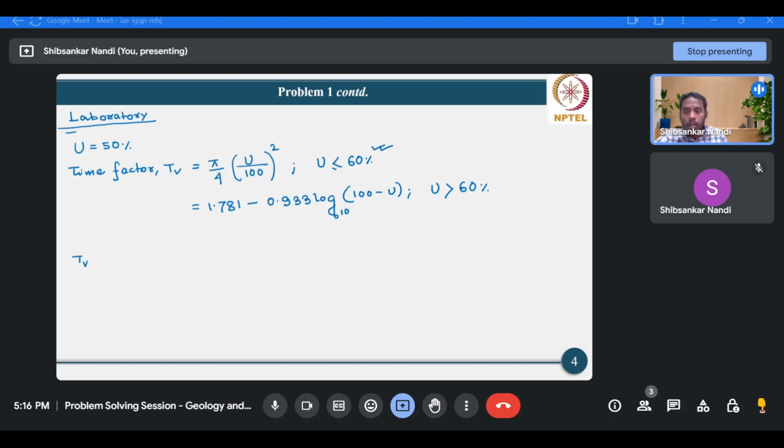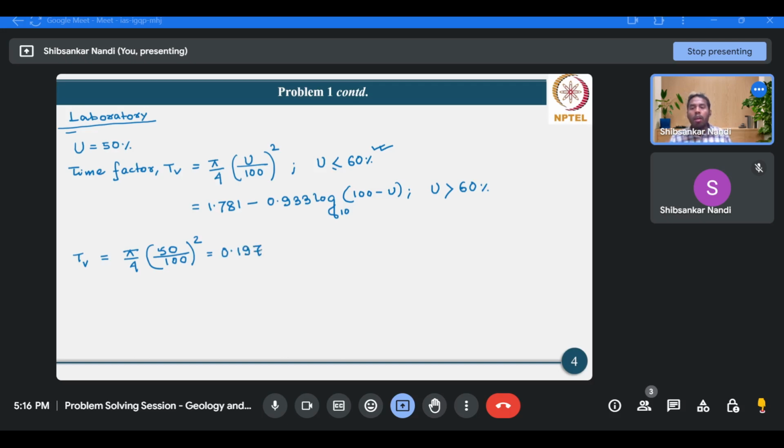Therefore our TV would be pi by 4 multiplied by 50 by 100 squared. So it's 0.197.